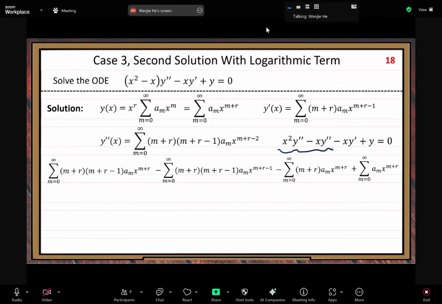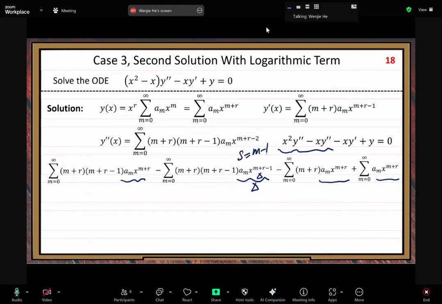What should we do next? You compare the general term. For each summation, you compare the general term. Among these 4 general terms, you can see this summation is the odd one, because it's different from the other 3. That means you should use the substitution m minus 1.